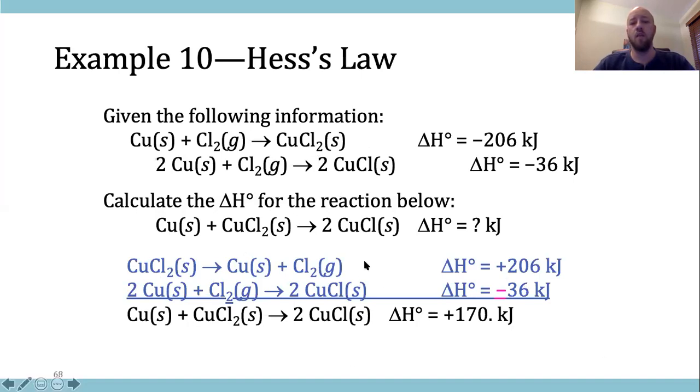Then my second one, I need to get the CuCl, and here it is. I have it in the right spot and the right amount. So the second reaction, there is no change. It goes in as the negative 36 kilojoules. And then you just add the two together.